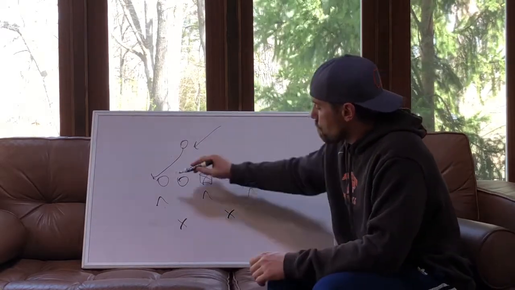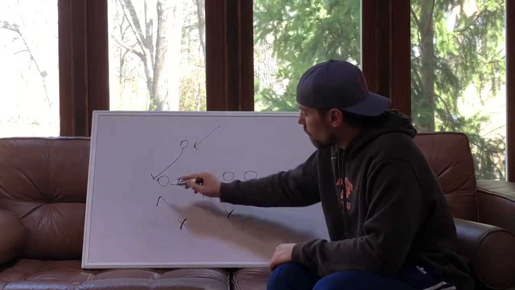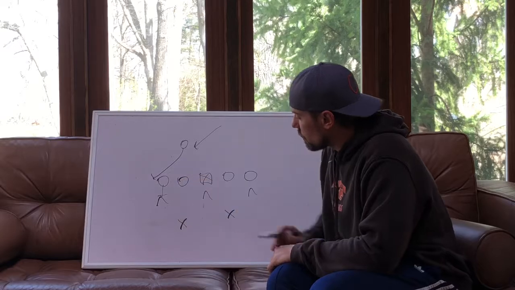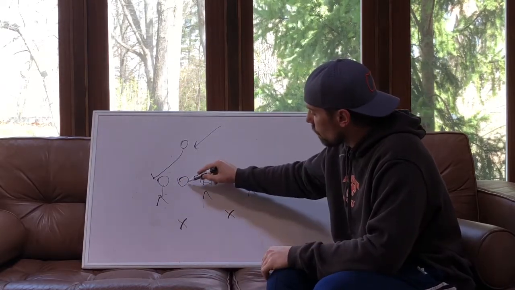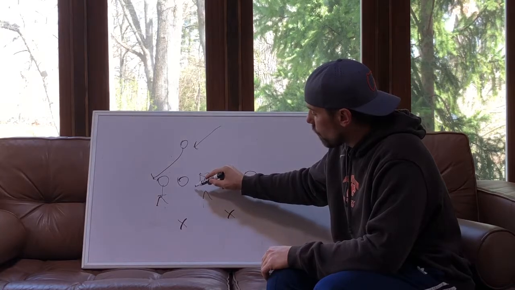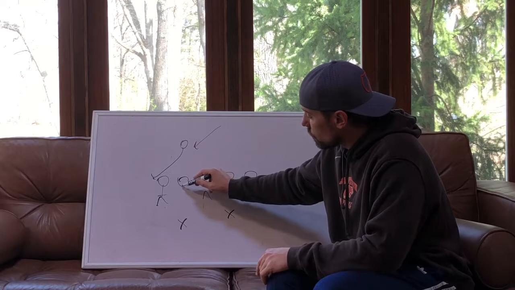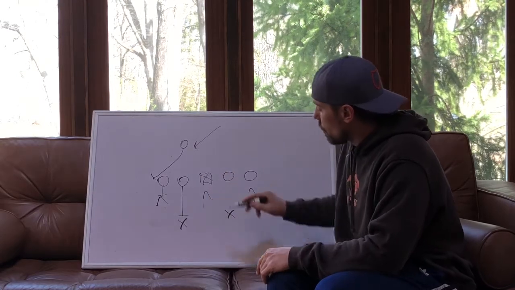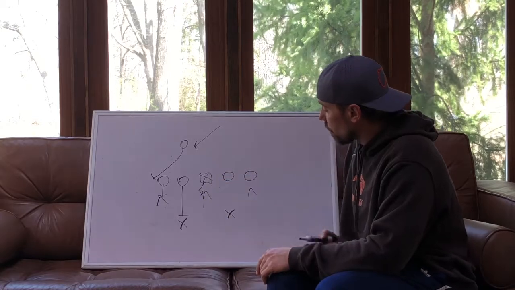So, do I have anybody in my backside gap? No. Do I have anybody on? Yes. Okay, to second level. Doesn't matter. You already met his thing. Do I have anybody in my backside gap? No. Do I have anybody on? No. On would be heads up on me. No. Second level. Yes. Do I have anybody in my backside gap? No. Do I have anybody on? Yes. That's a tough block, by the way.